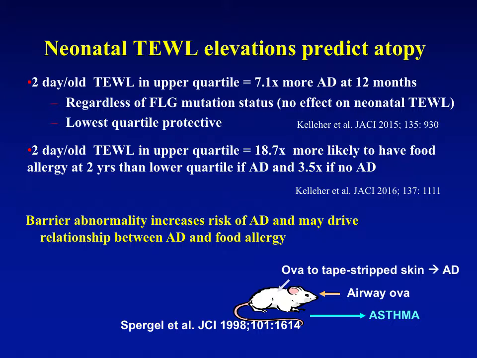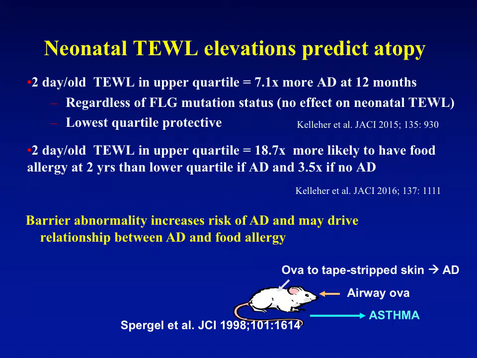So he's looking at this at 2 days out, at 2 months out, at 6 months out. And what he recently has found is that by looking at that 2-day-old transepidermal water loss, if you find it's in the upper quartile, you can predict that the baby will have a 7-fold increased risk at 1 year of age of having developed atopic dermatitis.